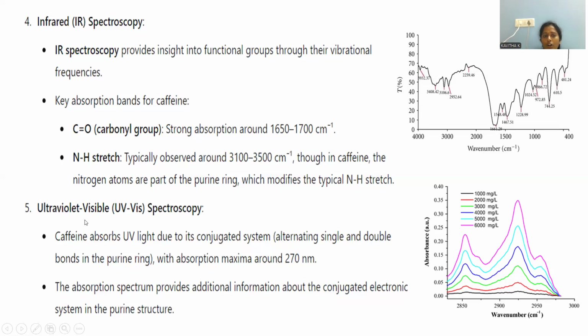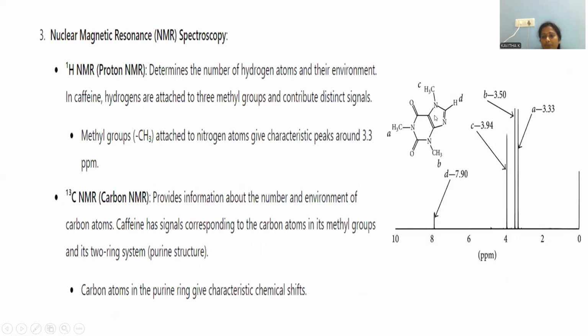Let's move on to ultraviolet and visible spectroscopy, which is designated as UV visible. In UV visible spectroscopy, caffeine absorbs UV light due to its conjugated system. So conjugation is present within the molecule. Here the exocyclic double bond and the endocyclic double bond are both in conjugation.